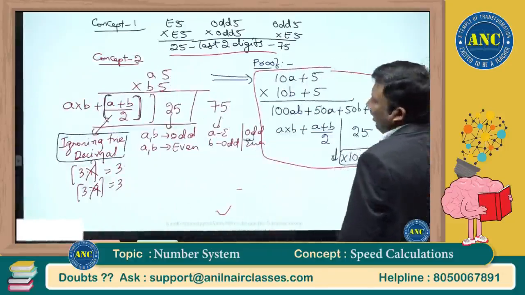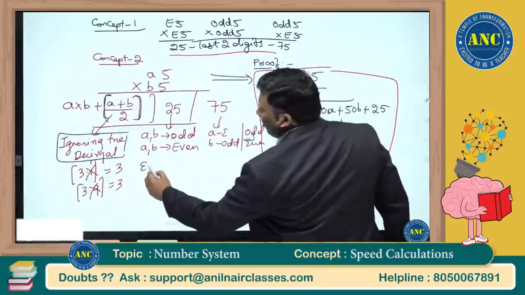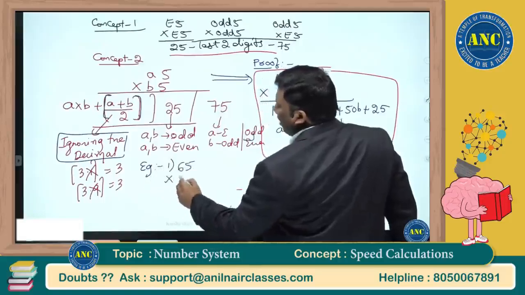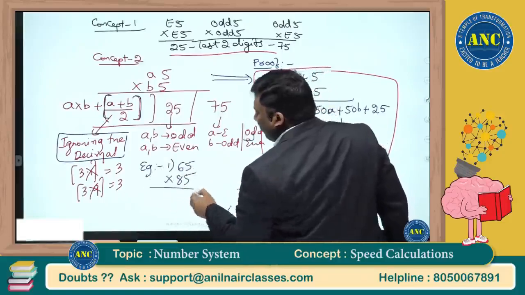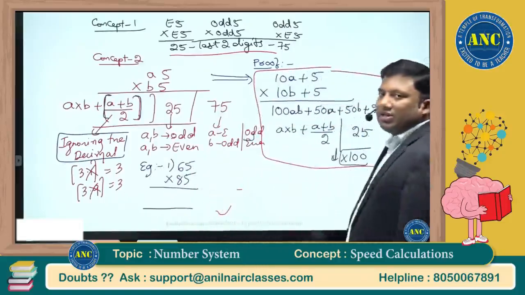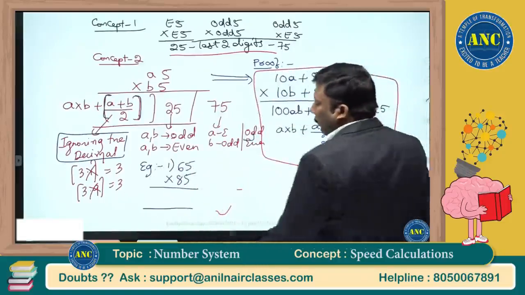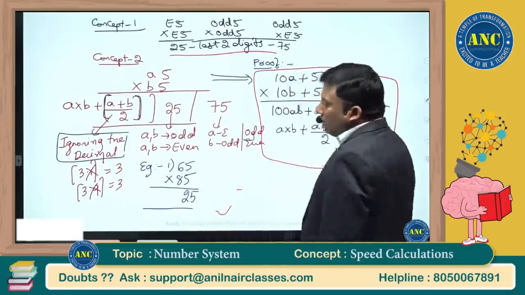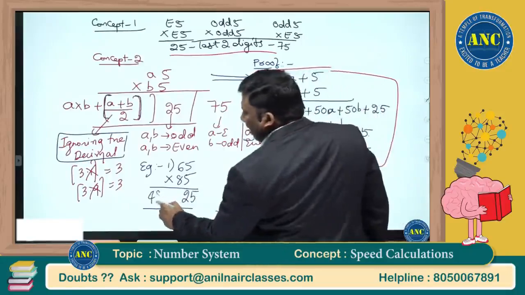Now with every concept we have to do examples. First one, 65 into 85. A5 into B5. A and B both are even, last two digits are 25. 6 8s are 48. 8 plus 6 is 14, 14 by 2 is 7.